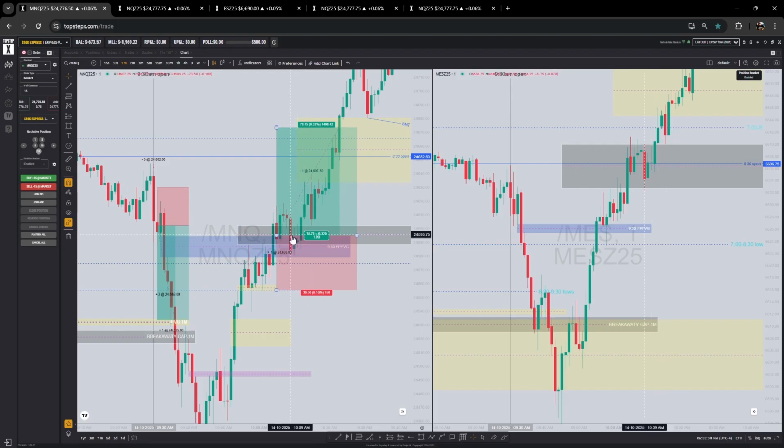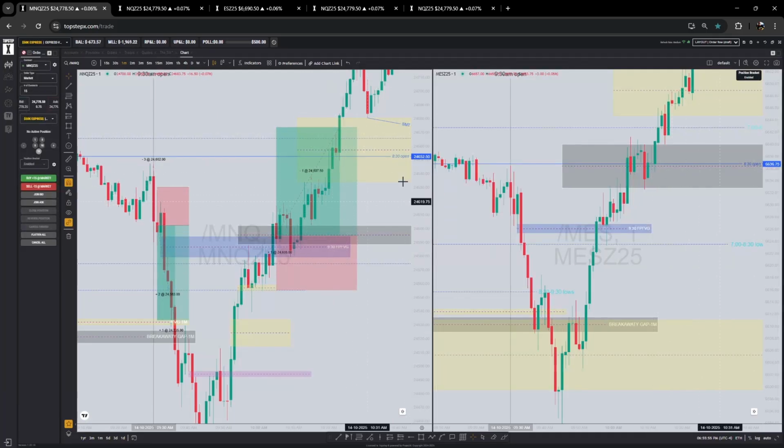So I put my stop to break even, which was about there. I have the recording, so guys, you can watch this recording. I think my stop was around that area here. Price came down, took me out, and immediately started trading higher to take out the relative equal highs.